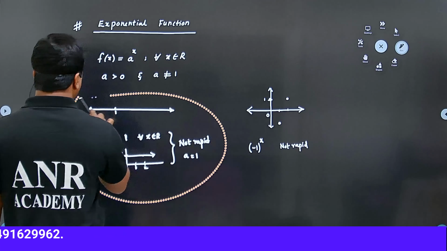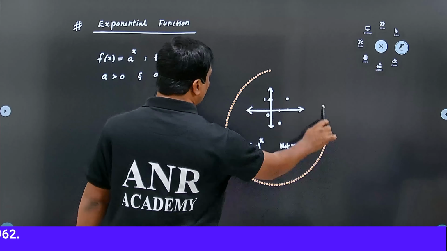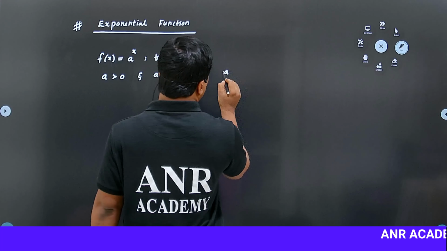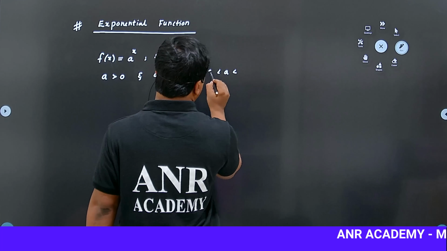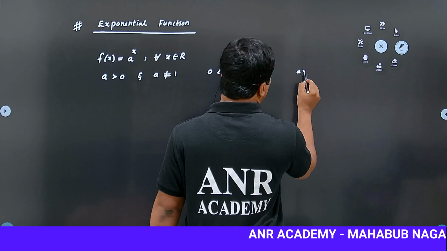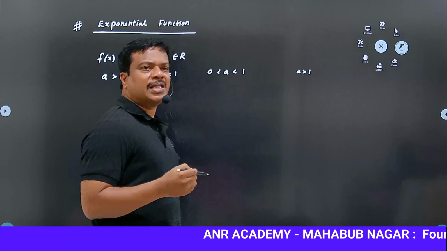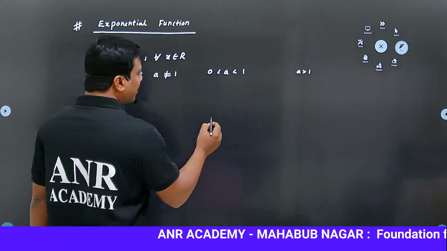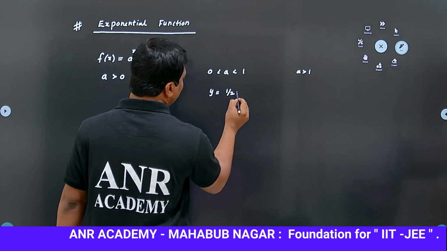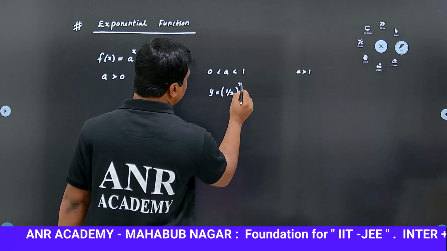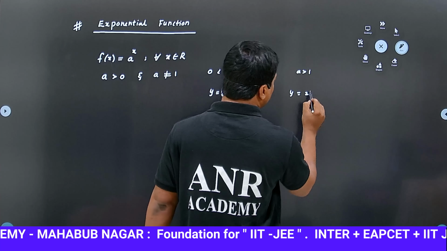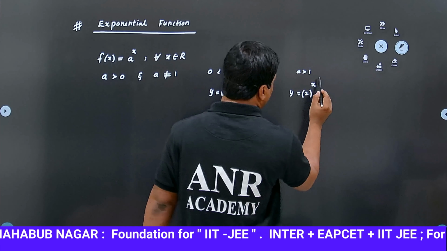And depending upon the base, there are two graphs. Suppose base value is in between 0 to 1, there exists one graph, and if base value is more than 1, there exists another graph for this function. Suppose for example base value, if I choose 1 by 2, then what happens?